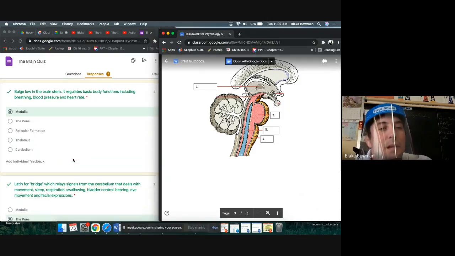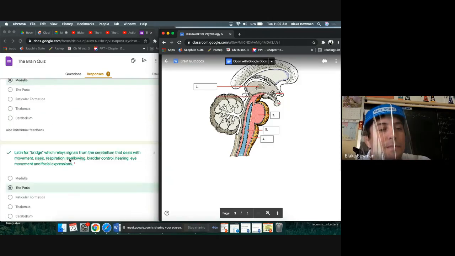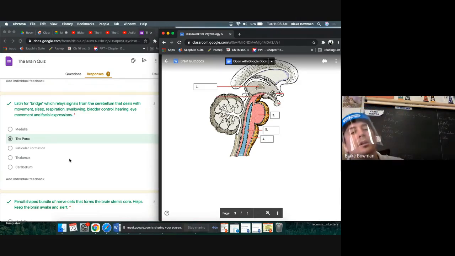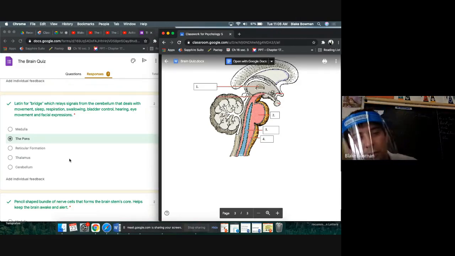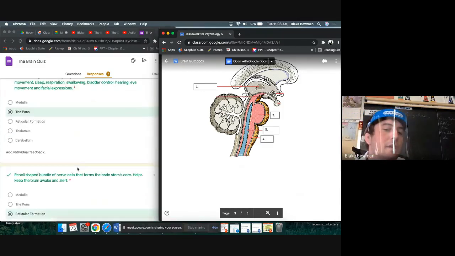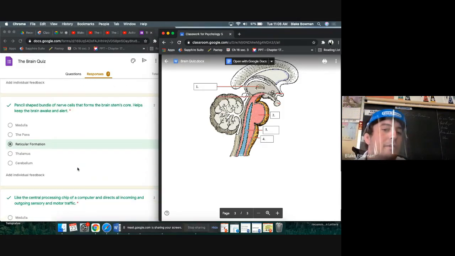Low in the brainstem, regulates body functions including breathing, blood pressure, heart rate: medulla. Latin for bridge, relays signals from the cerebellum, deals with movement, sleep, respiration, swallowing, bladder control, hearing, eye movement, facial expressions: the pons. Pencil-shaped bundle of nerve fibers that forms the brainstem core, helps keep the brain awake and alert: reticular formation.